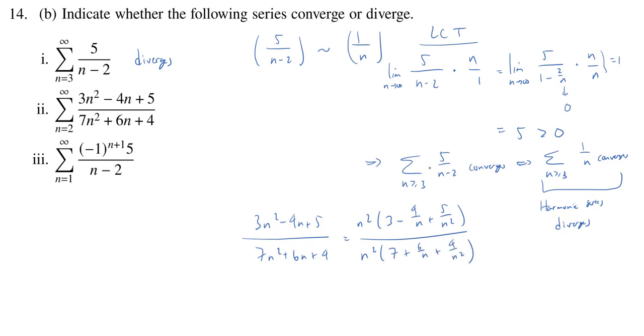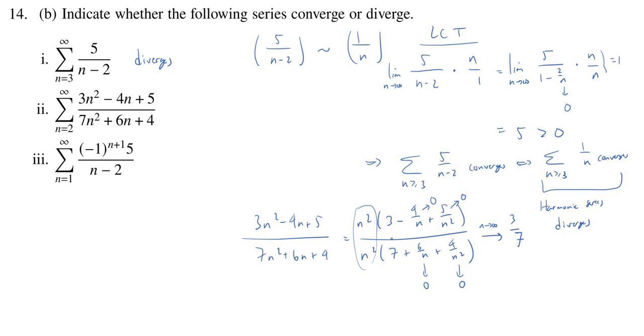And as n goes to infinity, 4 over n goes to 0, 5 over n squared goes to 0, 6 over n goes to 0, 4 over n squared goes to 0. Of course, these n squareds cancel. And so as n goes to infinity, this sequence goes to 3 over 7, the only thing that doesn't go to 0 here.